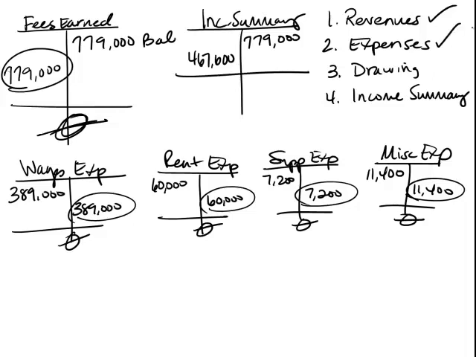Alright, so done that. Now our balance in income summary is $311,400. It's a credit balance because the bigger side is the credit side. It's a normal credit balance, the same as a revenue.